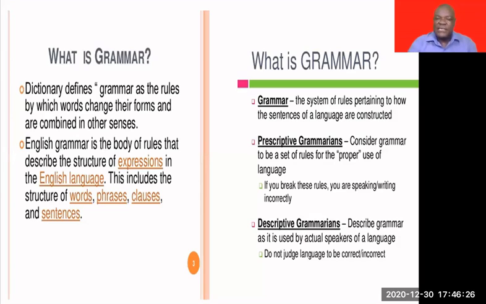But then we have a second set of grammarians called the descriptive grammarians. They describe grammar as it is used by actual speakers of a language. Their opinion is that you do not judge language to be correct or incorrect.